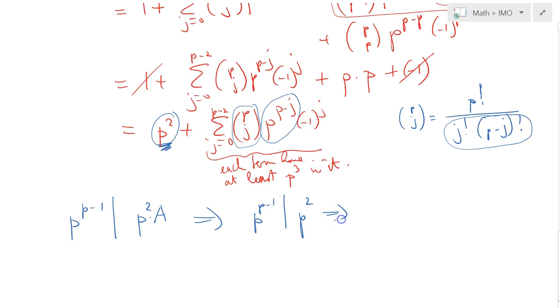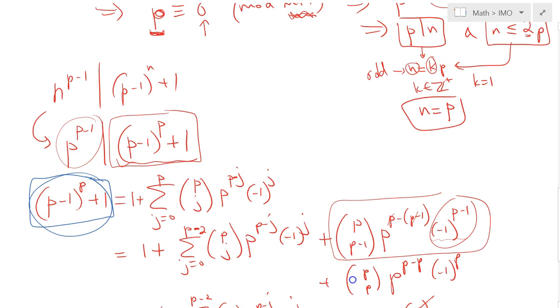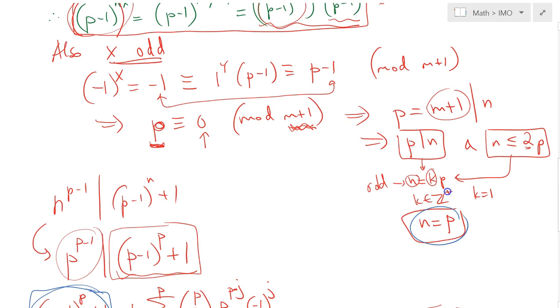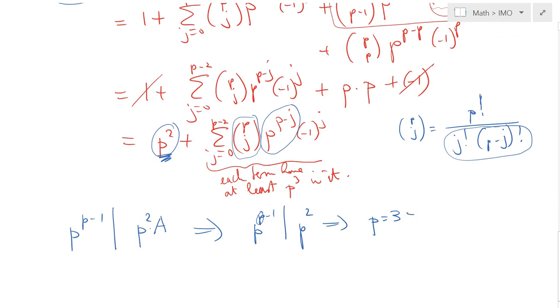So therefore, knowing that p is an odd prime, this would imply that p is simply equal to 3. And we already established earlier that n was simply equal to p from here. So therefore, n is also equal to 3. And that's the final solution.